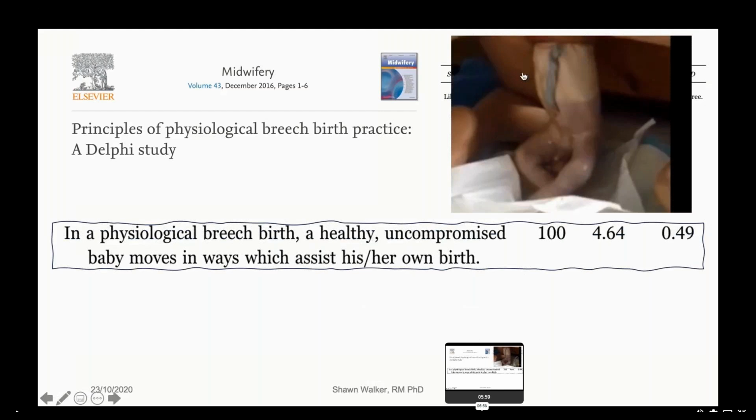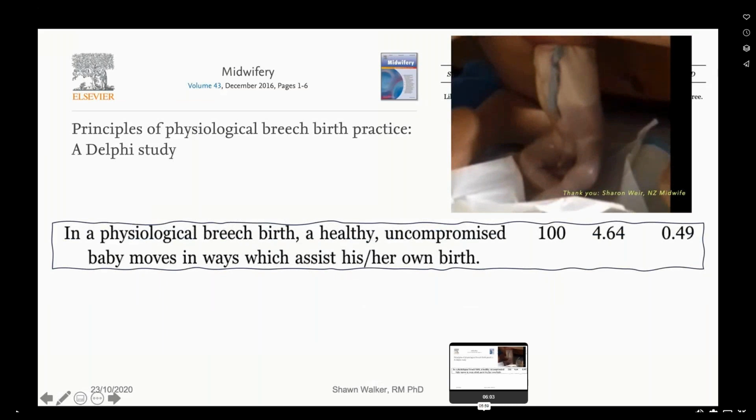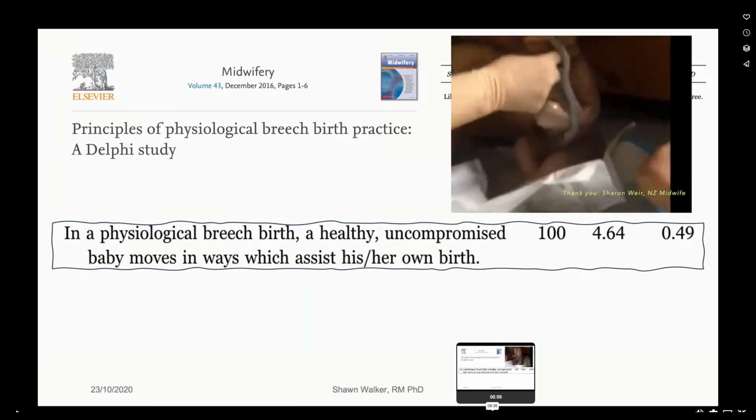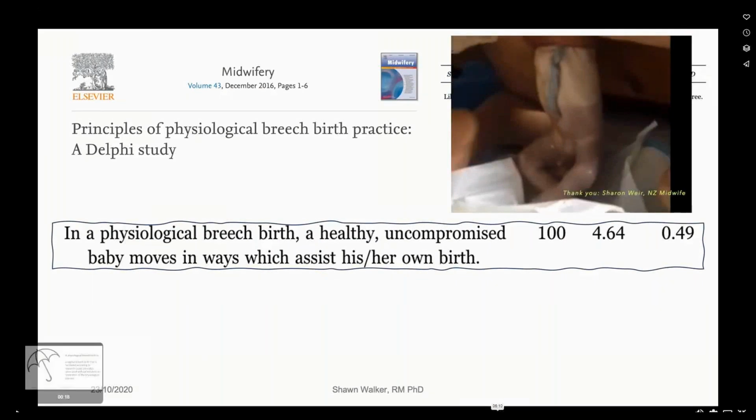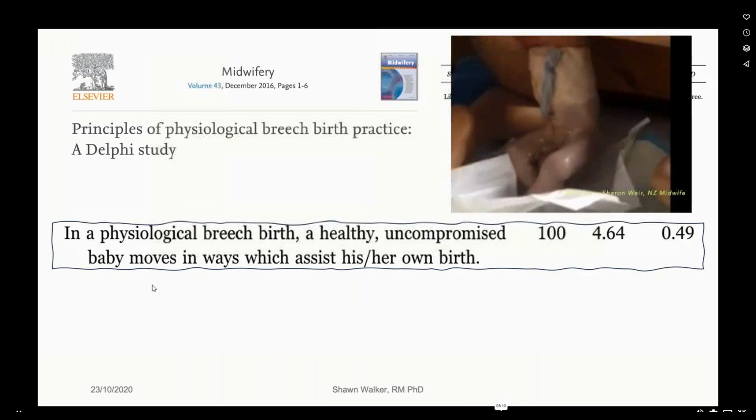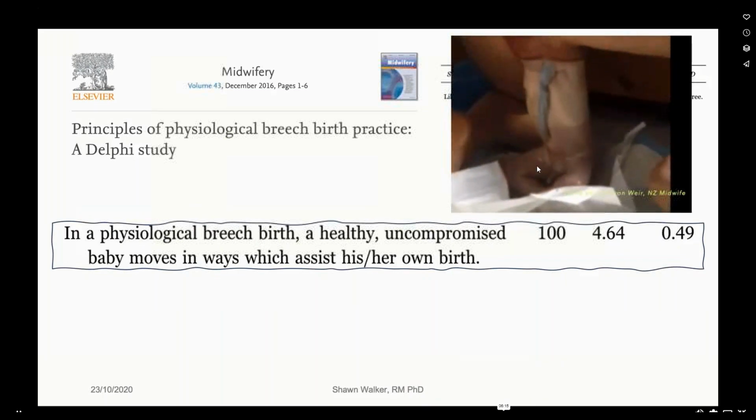The legs will be delivered by gravity, so they will be in the extension position. Then the baby will have a small jump, a flexion action, to assist the delivery. I want you to have a look here. Take care, guys, of the action of the baby.